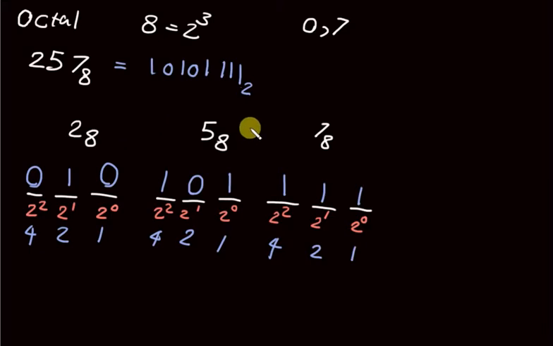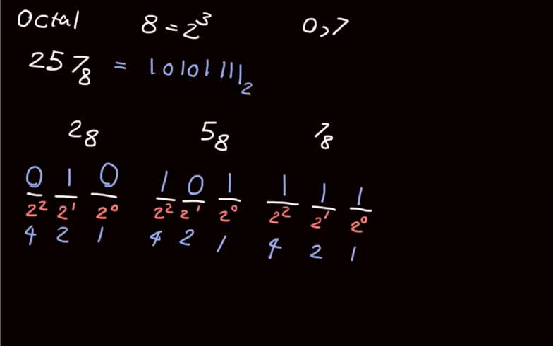But for now, know that when you have an octal number, you have base 8, which is 2 to the power of 3. That means for each digit of octal, you can put 3 places, find each digit individually, and get the number in binary. So this is our octal.